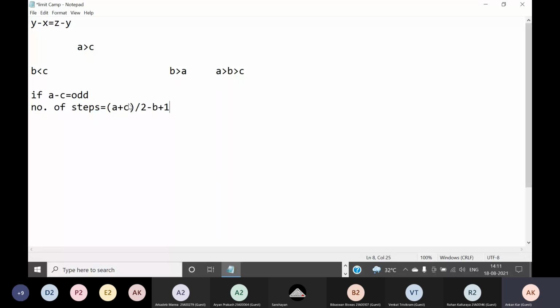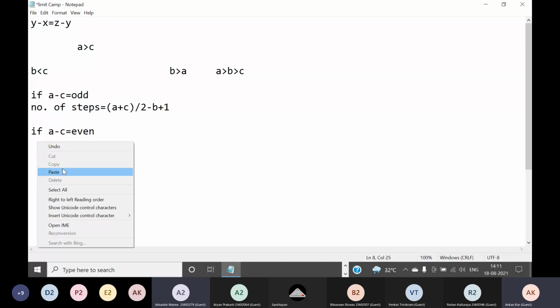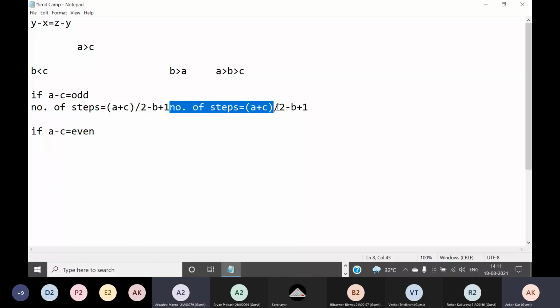Okay, this is the formula, and this is for even. You can get it, right? Why?